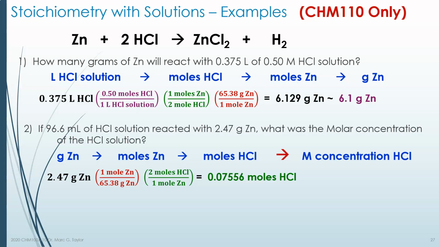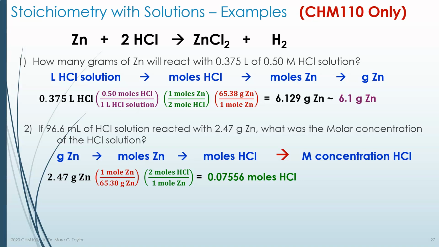So we use the balanced equation coefficients to go from moles of zinc to moles of HCl. And we get 0.07556 moles of HCl. I'm not rounding the number because I'm not done with the calculations. Now, you'll notice we stopped after two steps, and we could have put them all together, but I want to show you the last steps separately.